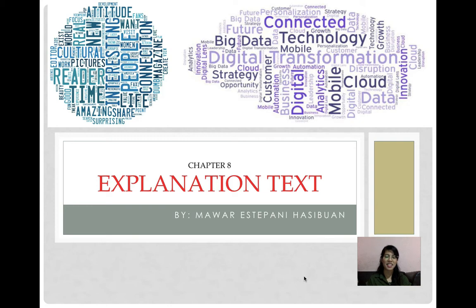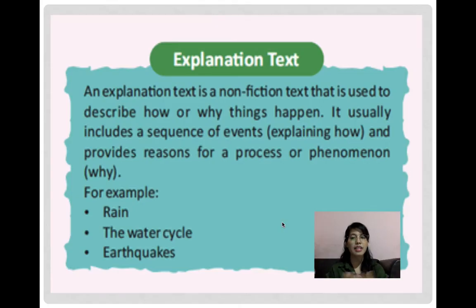So today's lesson, I am going to teach you about explanation text. So here is the topic, and all of you guys are wondering what is explanation text, right? So let's start. The definition of an explanation text is a non-fiction text that is used to describe how or why things happen.